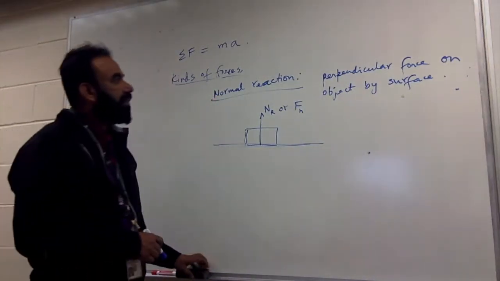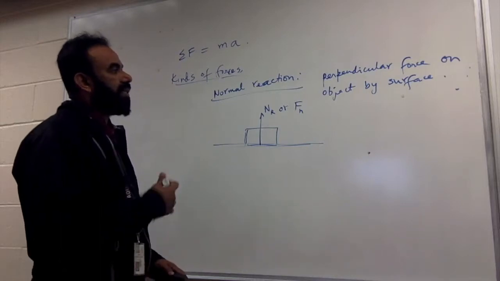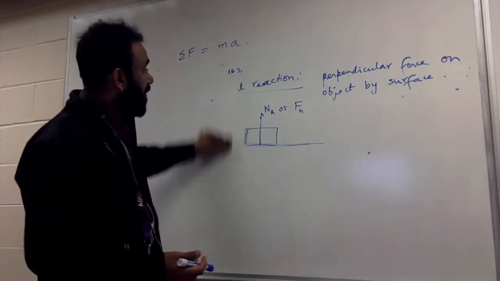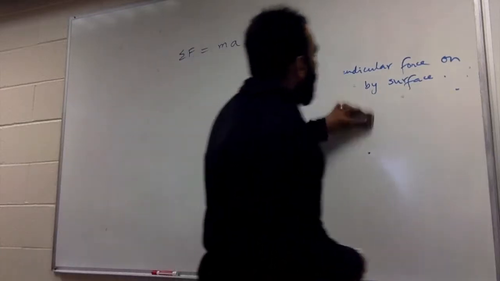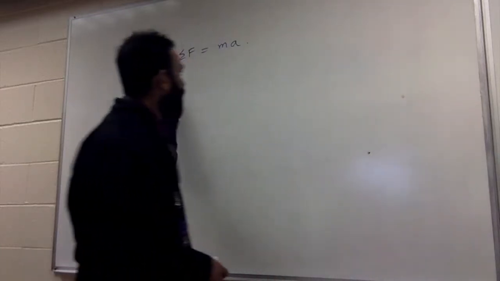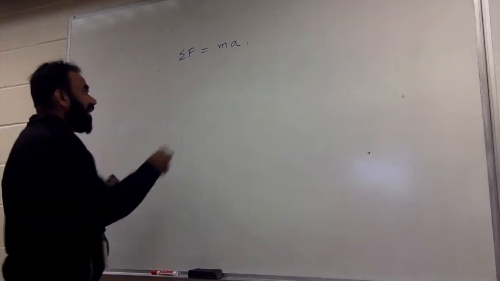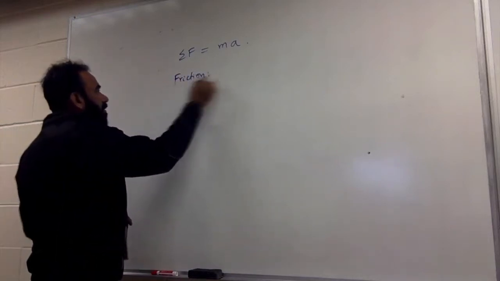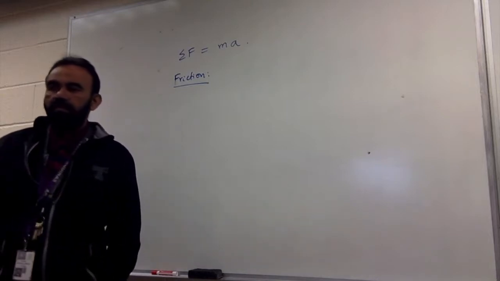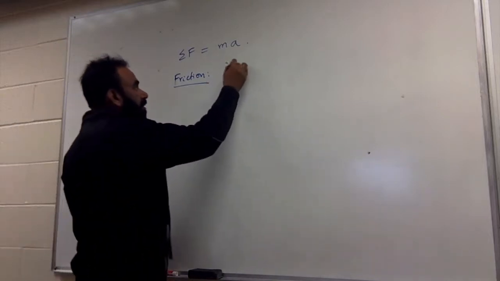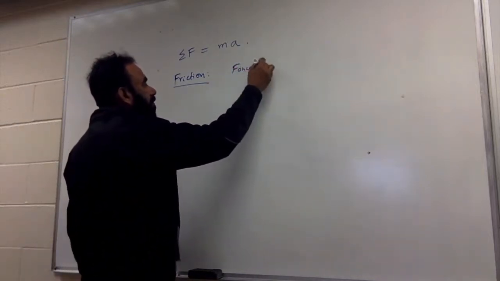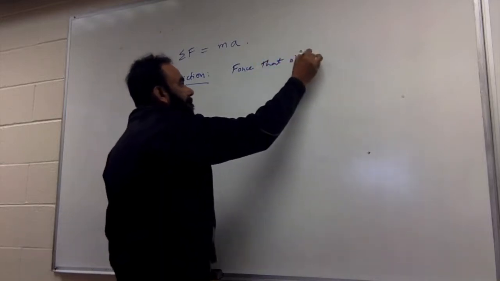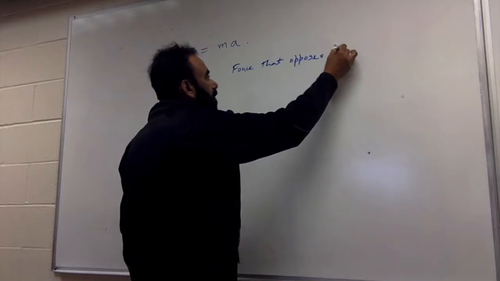Good. So normal reaction is a force that's acting perpendicular on the object, and it acts on the object. And they're all measured in newtons. The next force is friction. Friction is a force that opposes motion.